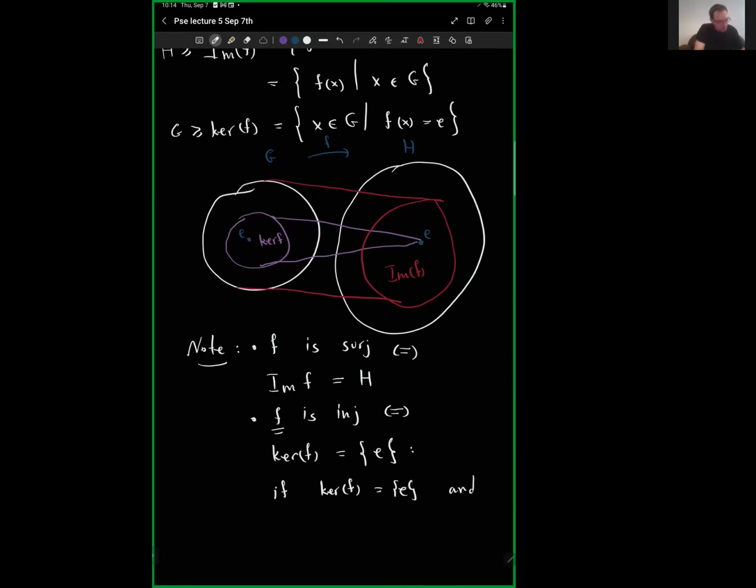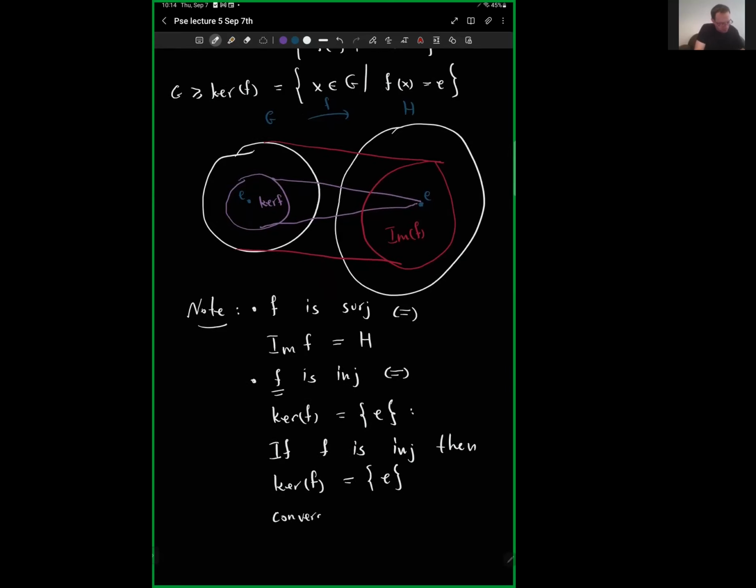Well, maybe the easier direction, if F is injective, then clearly the kernel of F cannot contain anything else than E, because otherwise it would mean that two elements, E and some non-unit element in G, are mapped to E. So this would contradict the injectiveness.